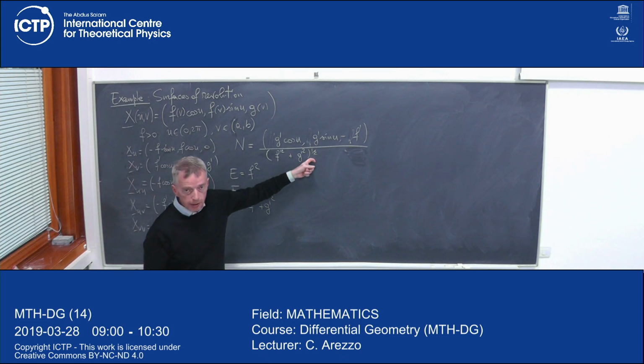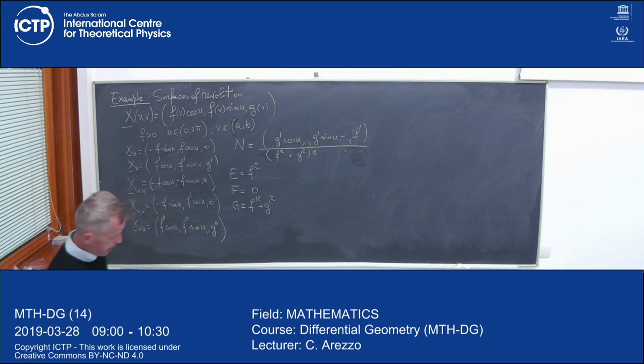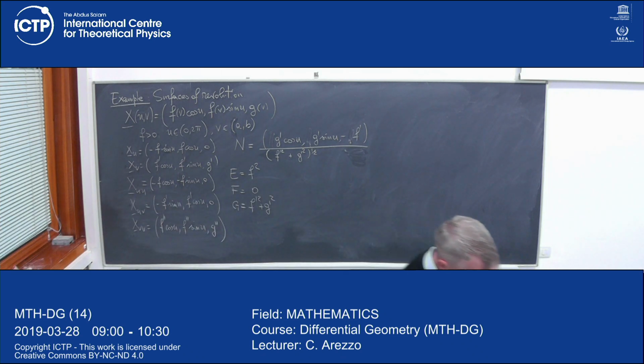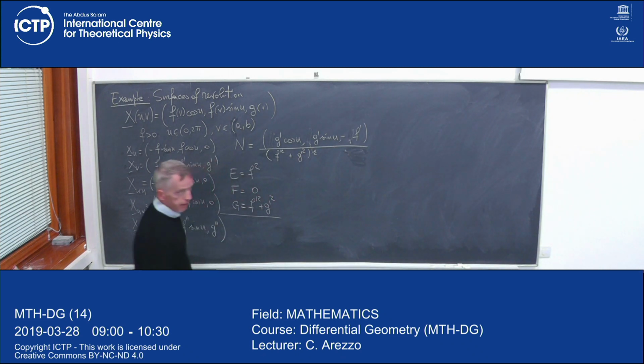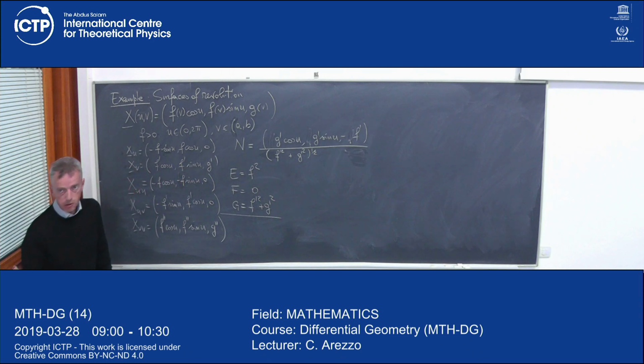Everything would become much, much simpler. Okay, let's not do it. We can write everything in general and then remember that eventually everything will be much simpler if you assume that you are rotating a curve which is parameterized by arc length.